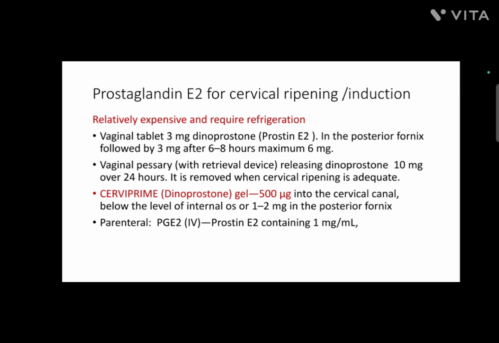From the practical experience I have had, I have seen good results when it is kept in the cervical canal compared to the posterior fornix. Parenterally we don't use it in India, so you can skip this. But if the examiner asks, it is better to remember that 1 mg per ml you can give through IV.